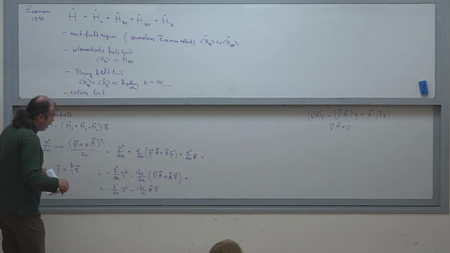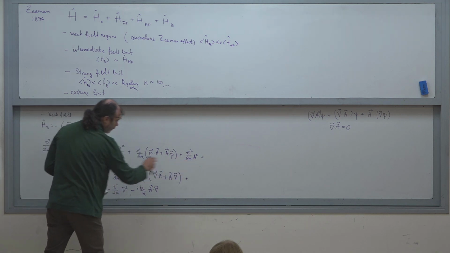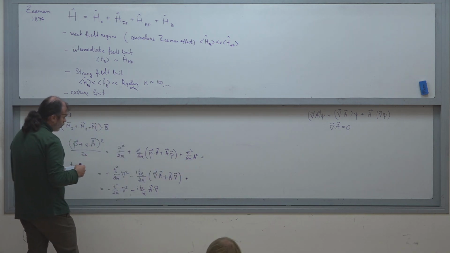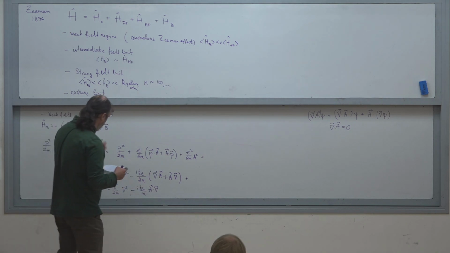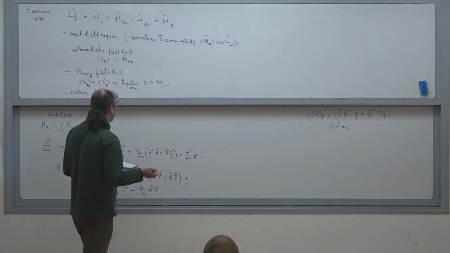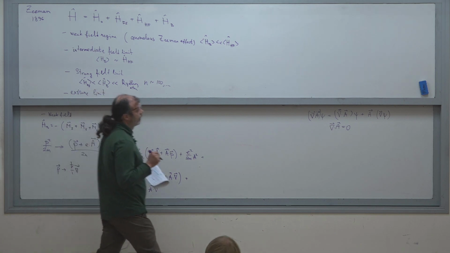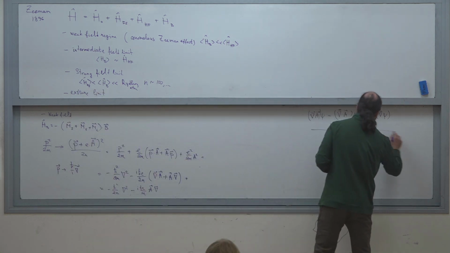So this is what is left, plus this term that I'm not writing. Now we can see what this is. In order to understand it, we have to remember what the magnetic field is.